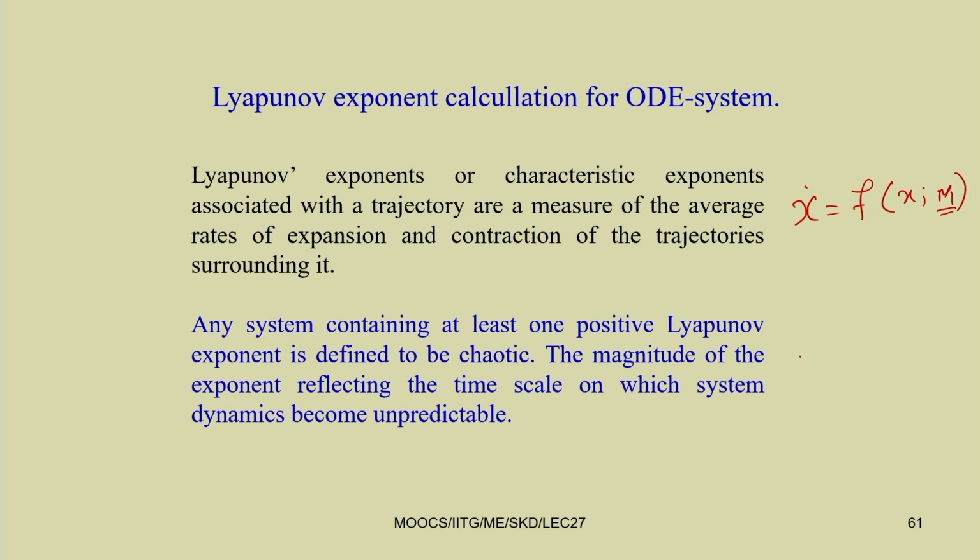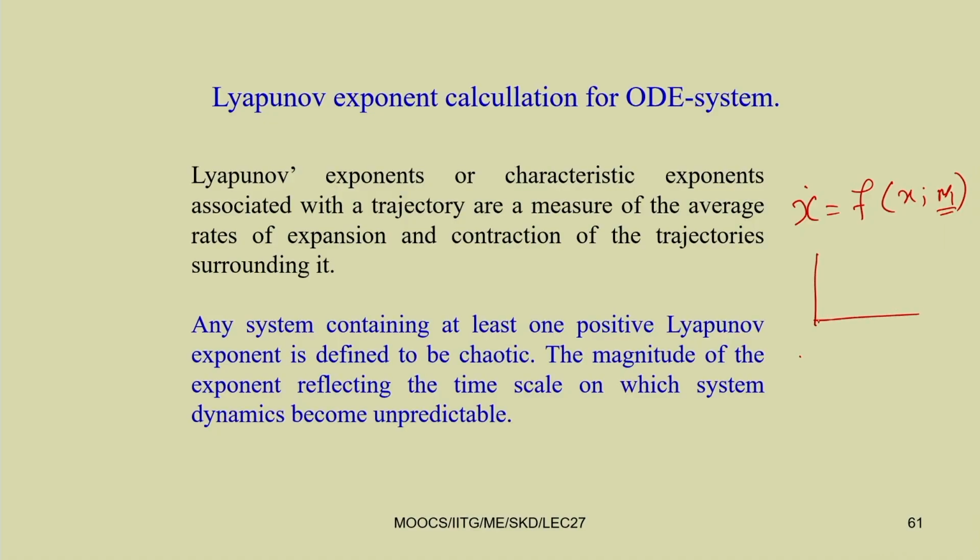If you start with different initial conditions, and it is a fixed point response, then whatever initial conditions you are starting with, it will always go to that same point. This is your x versus t if you plot, with time on the axis.